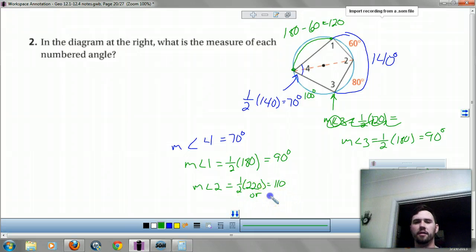Or you could have done 180 minus 70, which is 110, by using the corollary that these two angles are supplementary.